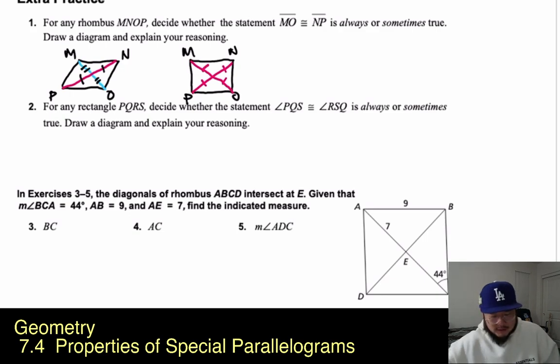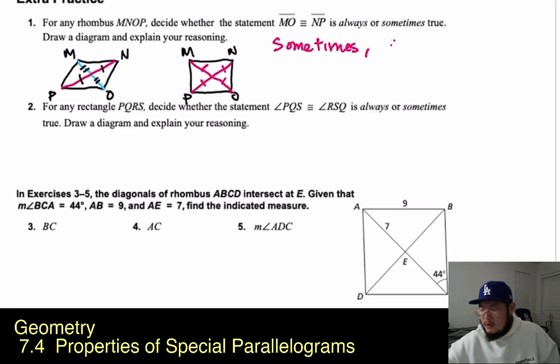And then think about this. Some rhombuses are squares.